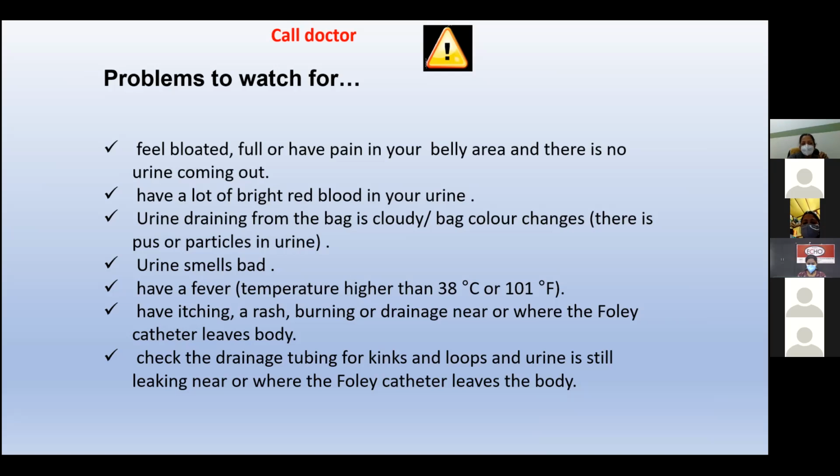If the urine is coming red in color, many times they get frightened, right? So presence of blood, cloudy appearance, any particles found, bad smell, patient getting fever, a lot of itching and rash. Okay, in such cases, they always need to check with the health professionals.